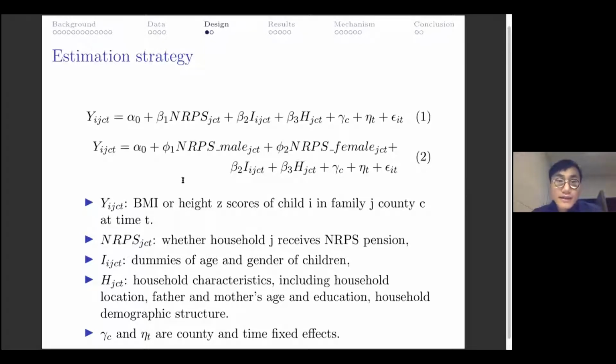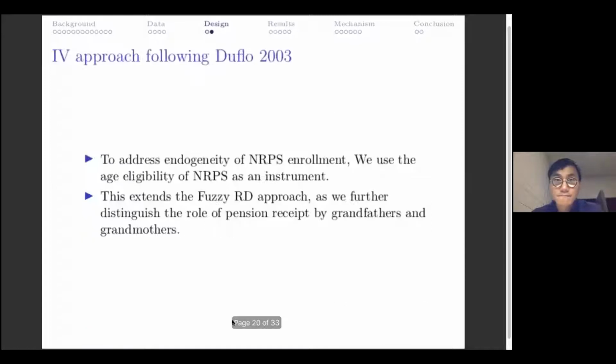And in equation 2, we further differentiate the pension receipt by male pensioners and female pensioners. Here the I indicates the dummies of age and gender of the children, and the H is the household characteristics, including household location, father and mother's age and education, and household demographic structure. And here gamma_c and eta_t are county and time fixed effects.